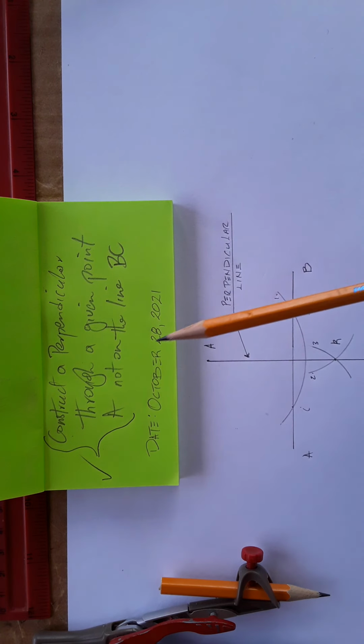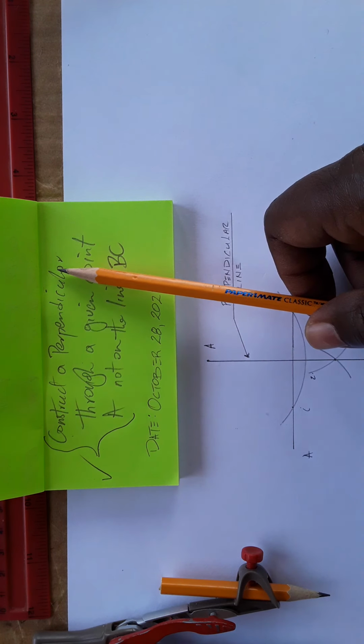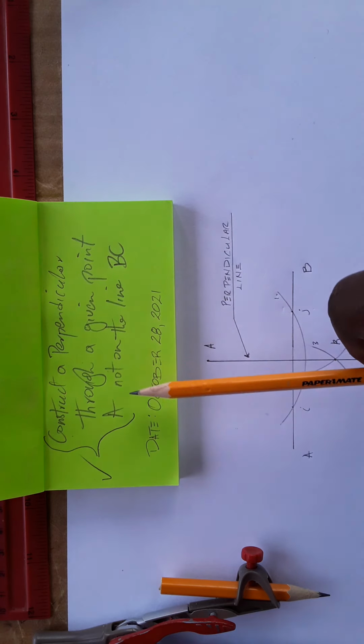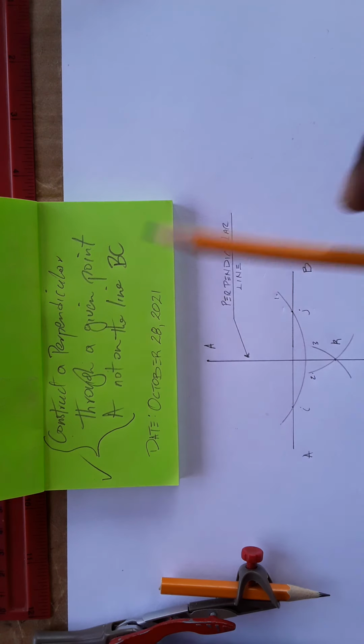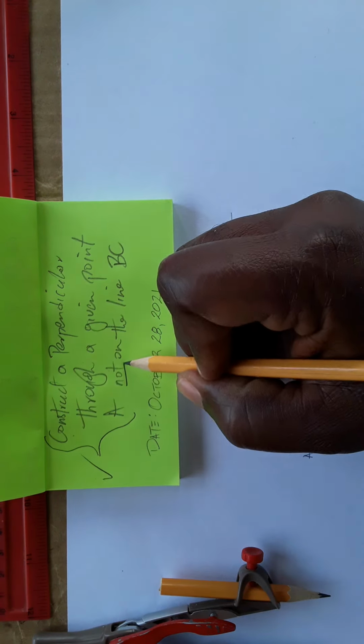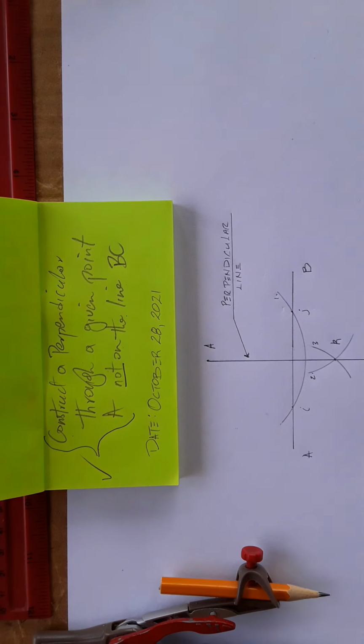Ta-da! We constructed a perpendicular through a given point A, not on the line BC, which is this line.